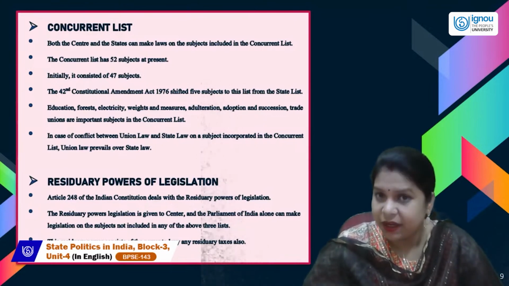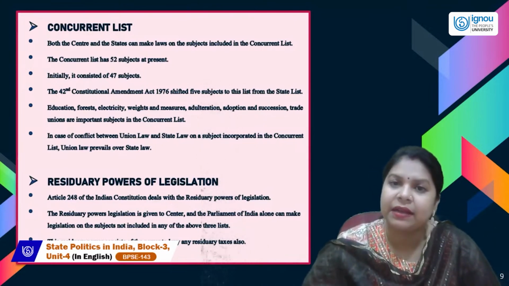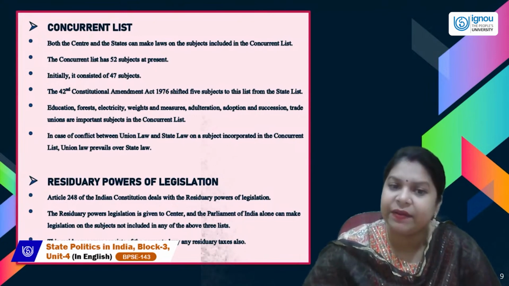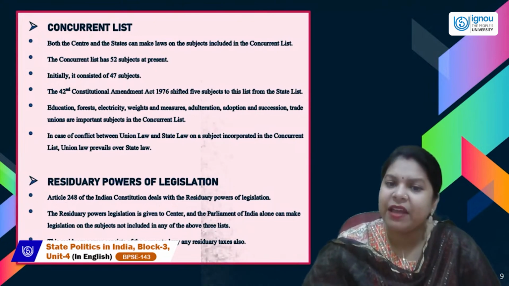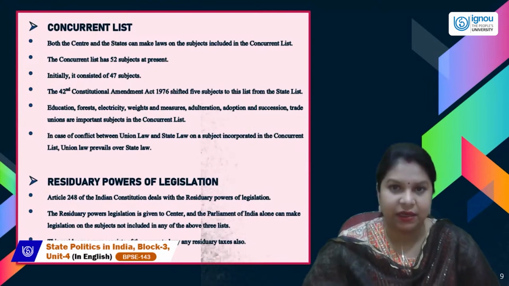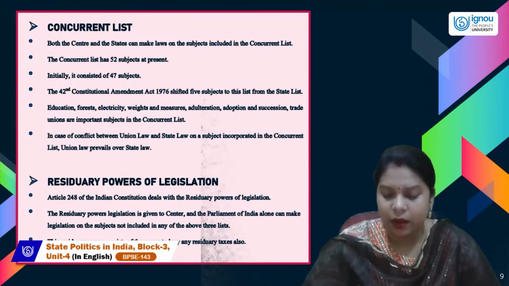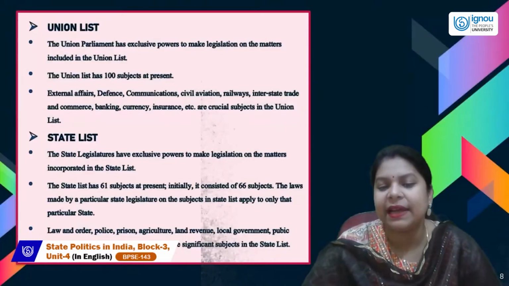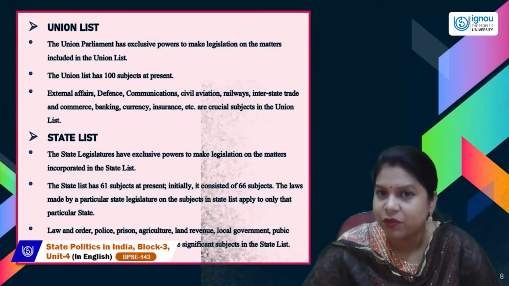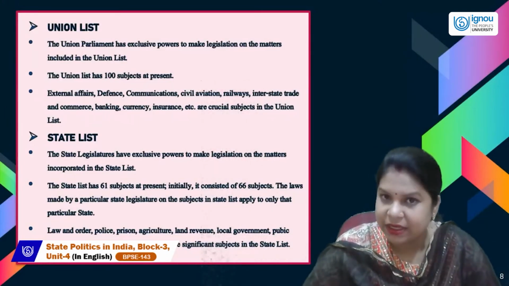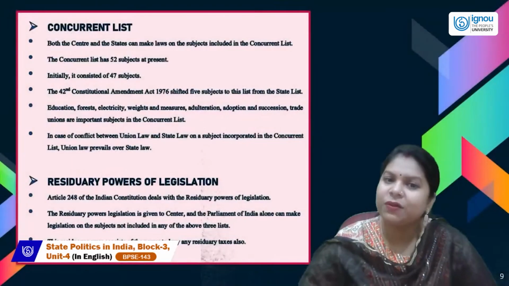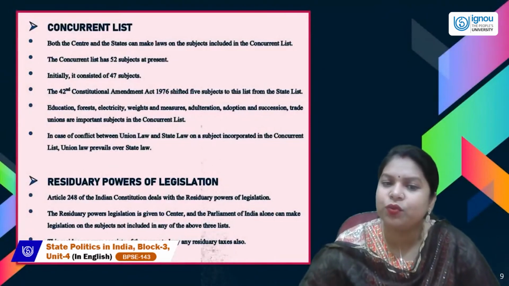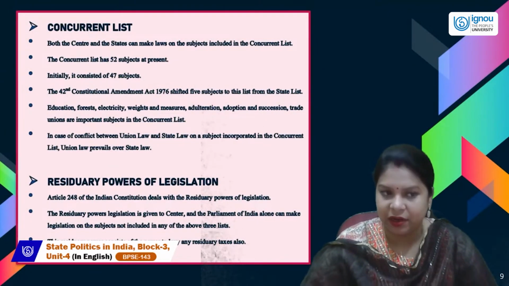The 42nd Constitutional Amendment Act, passed in 1976, shifted five subjects to this list from the state list. As we saw in the previous slide, there were 66 subjects in the state list, but presently there are 61. So those five state list subjects were shifted to the concurrent list.